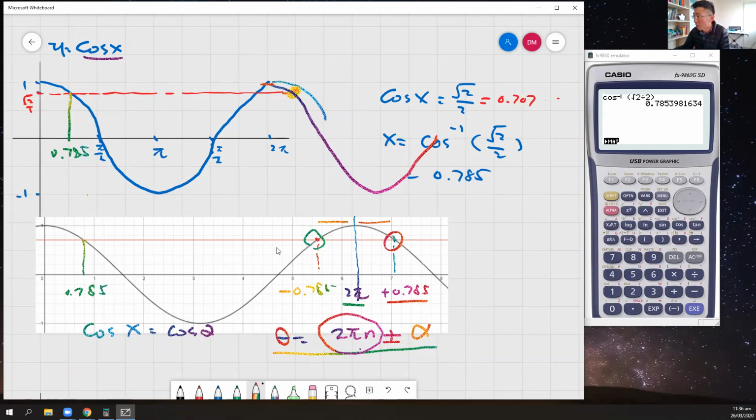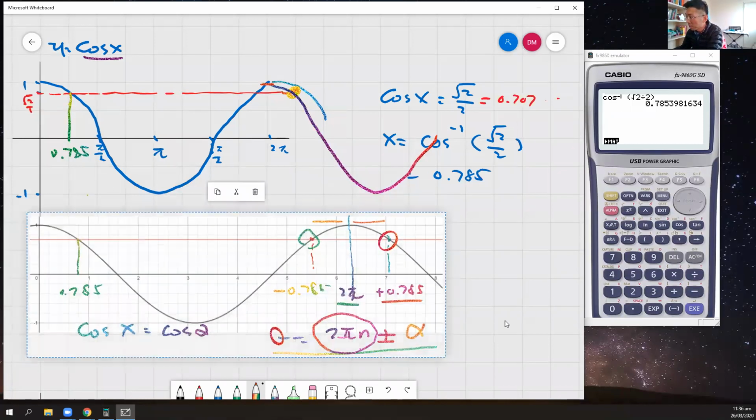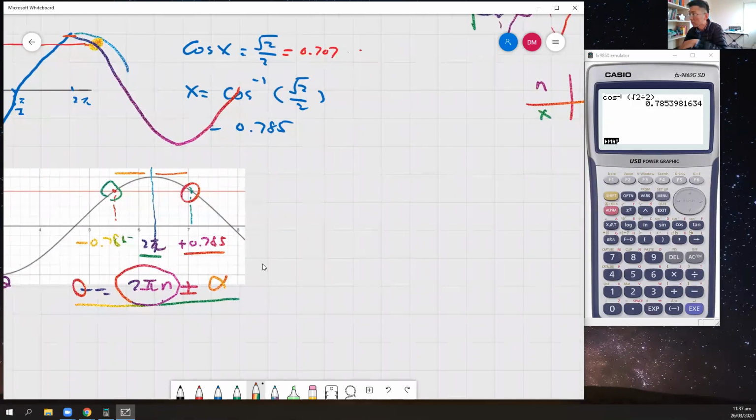I'll give you one example over here. We might only have a couple of minutes left, so don't worry. Okay, we've got 3 minutes left. So if I give you cosine x equals cosine of square root of 3 over 2, you'll have x equals the inverse cosine of square root of 3 over 2.